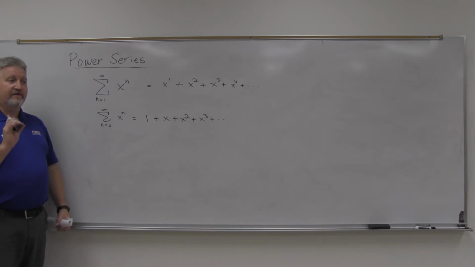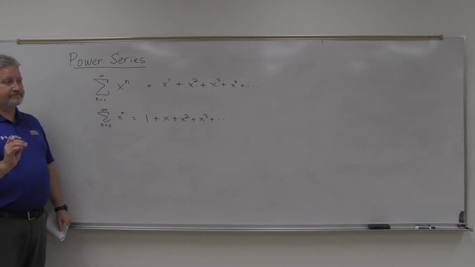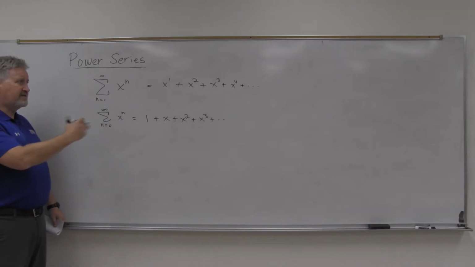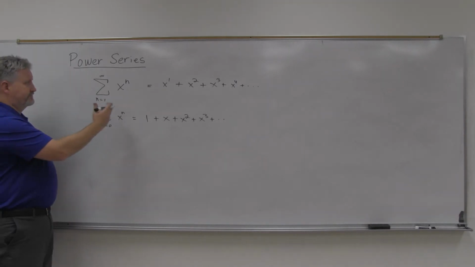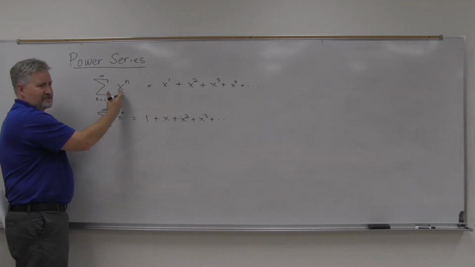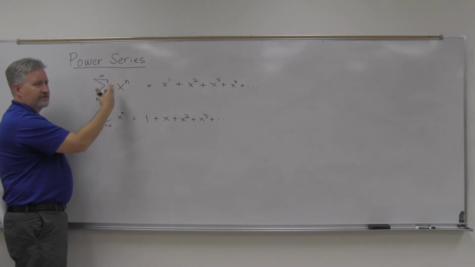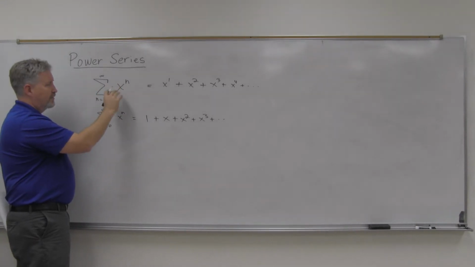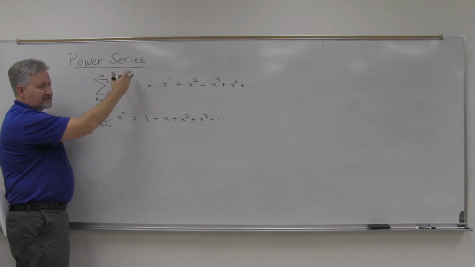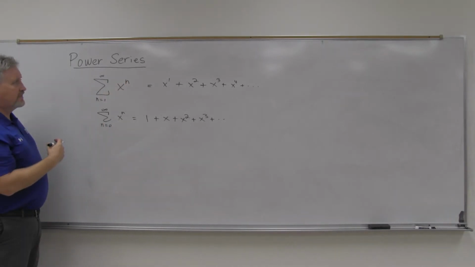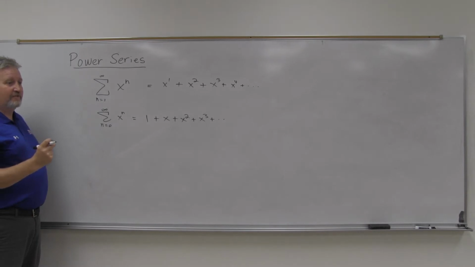But the good news is on this, we are dealing with basically the same. I mean, we'll add extra stuff onto x to the n. This is just the most basic one. Some other expression for n, and we may do x minus 1 to the n. But the good news is, for the most part, we're talking about geometric series.